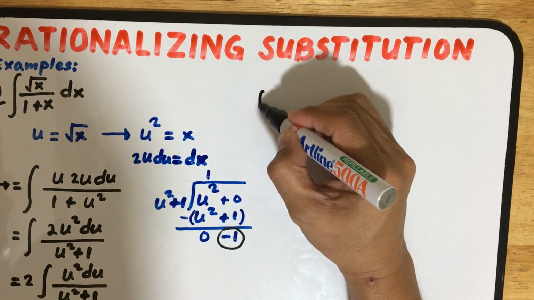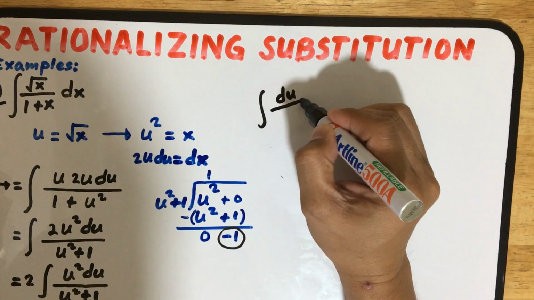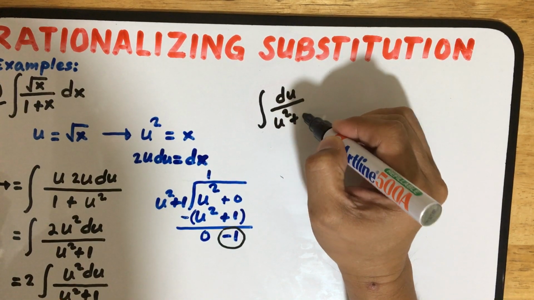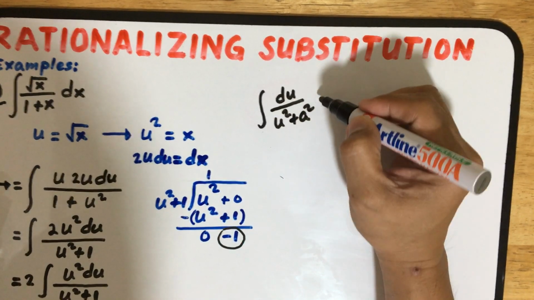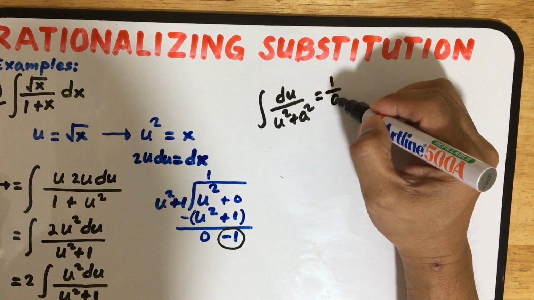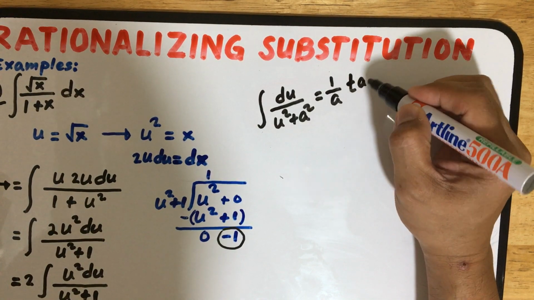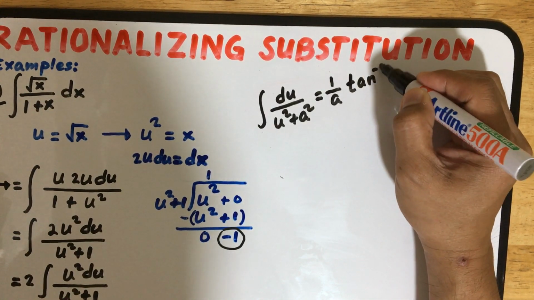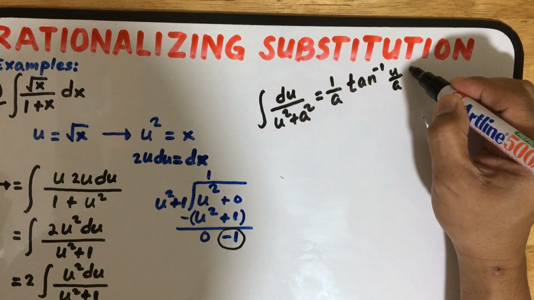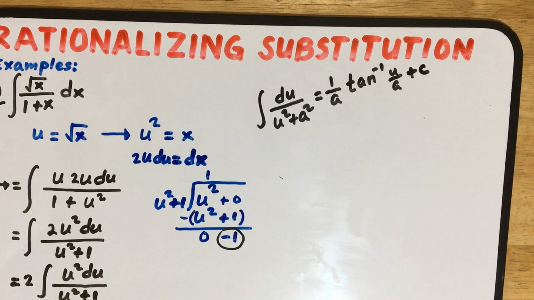The integral of du divided by u squared plus a squared is equal to 1 over a times the arc tangent of u over a, plus c.